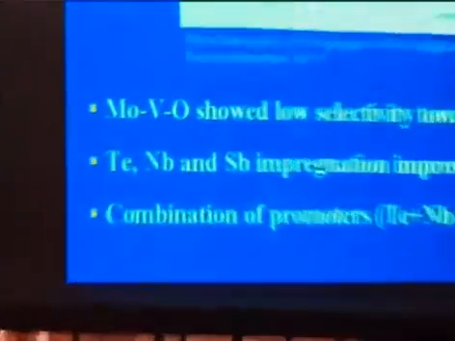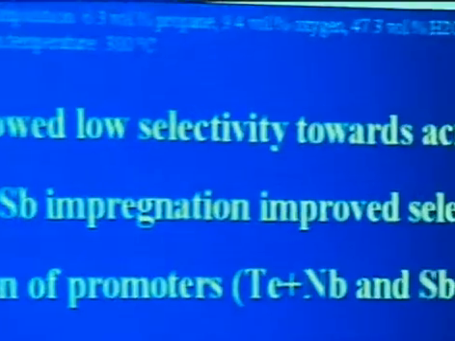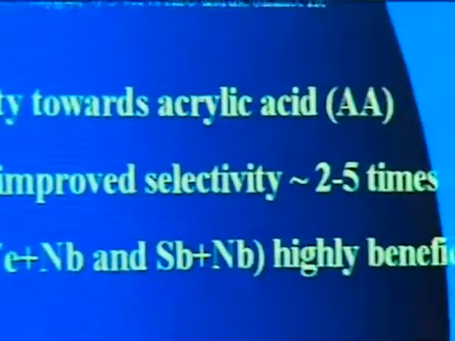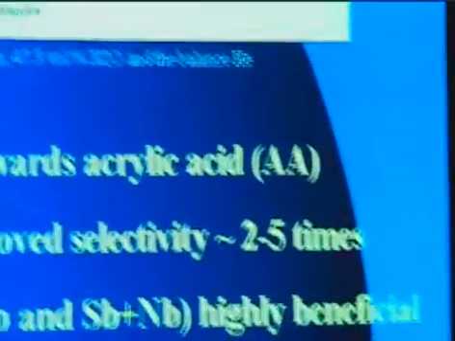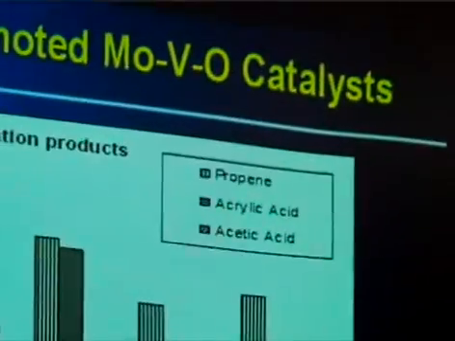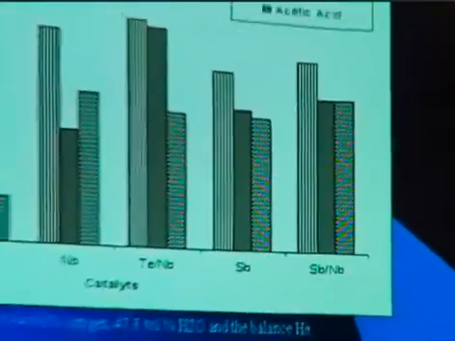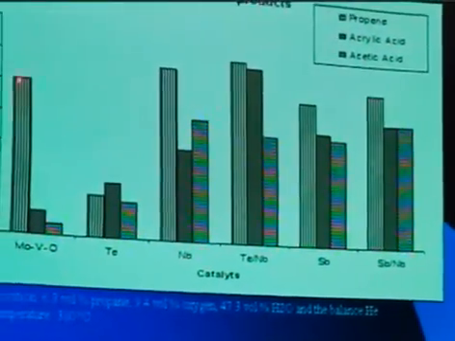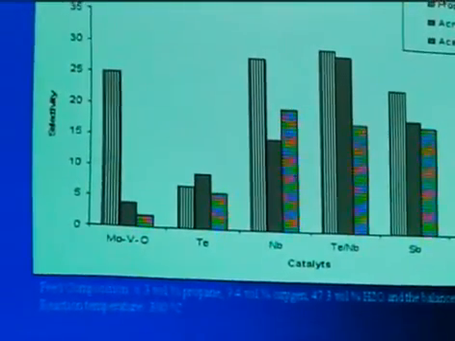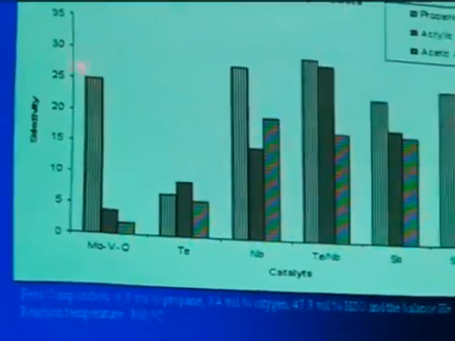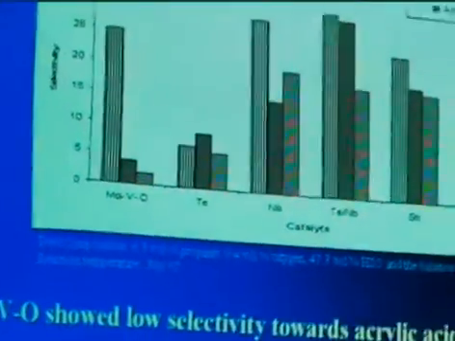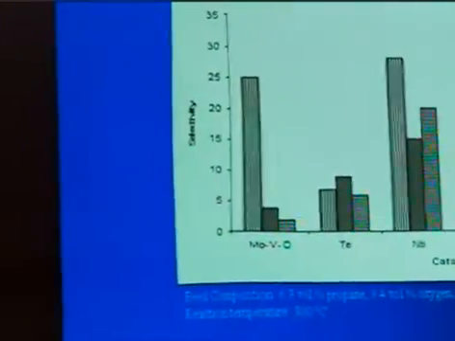Next, we'll look at the effect of these promoters on the selectivity to acrylic and acetic acid, as well as formation of propene. What you see here is that the original catalyst shows respectable ability to activate propane into propylene, approximately 25% selectivity to propylene.